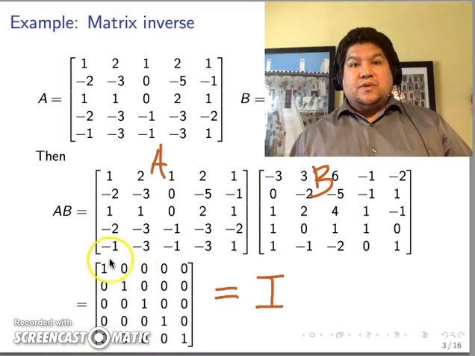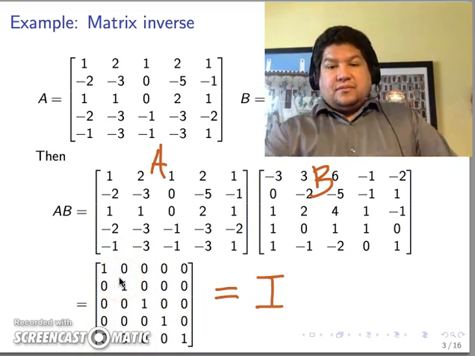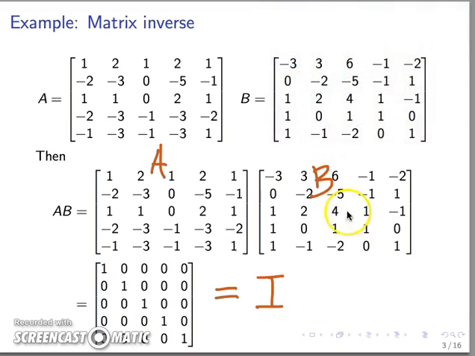So the columns of this matrix product, I'm sorry if you're not seeing B there, now you can see both A and B. The columns of this matrix product are the so-called standard unit vectors.